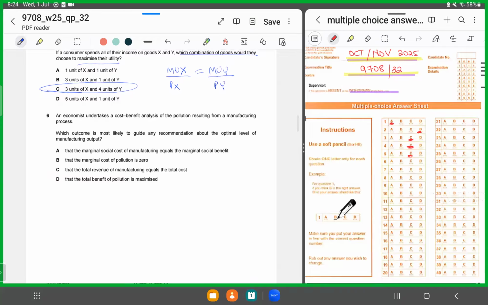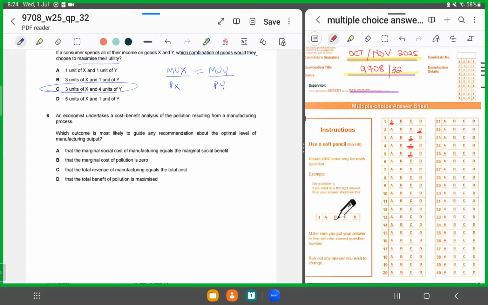MCQ number 6. An economist undertakes a cost benefit analysis of the pollution that results from a manufacturing process. So now the economist is trying to determine how much are the externalities and the benefits out of a manufacturing process. Which outcome is most likely to guide any recommendation about the optimal level of manufacturing output?